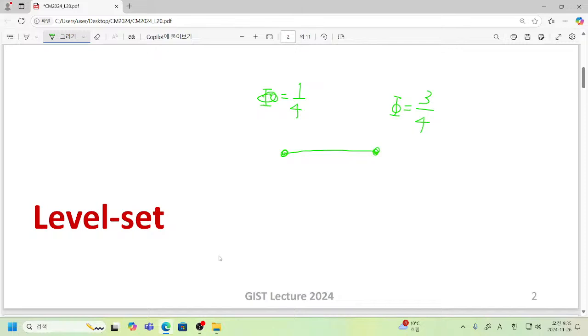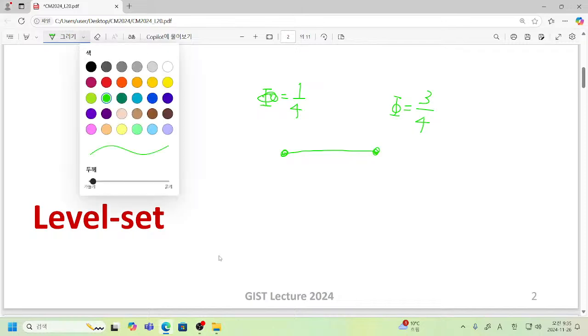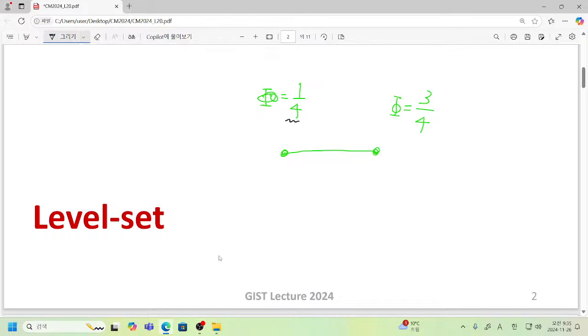Then please try to find the boundary. Of course, you can easily guess that, since this is a quarter and 3/4, maybe here we have the boundary. But how about this? We can also think about this one.